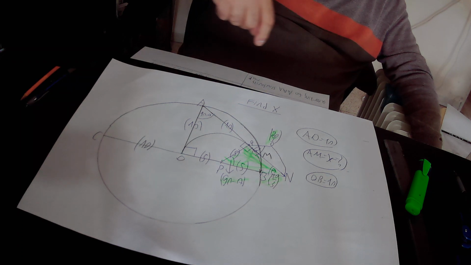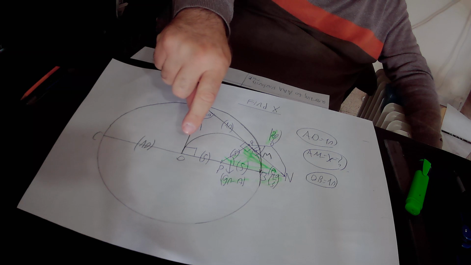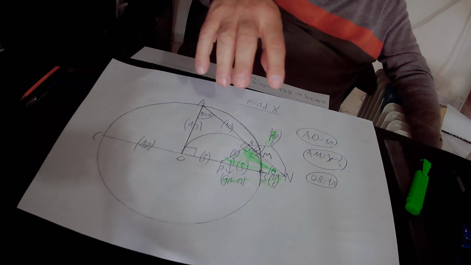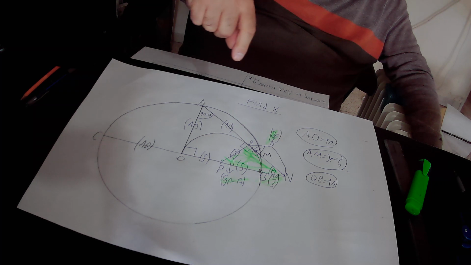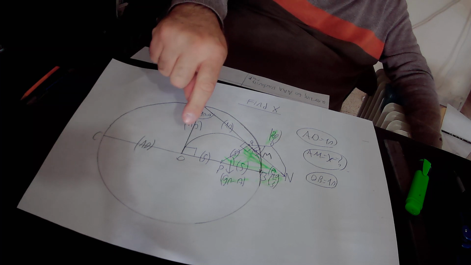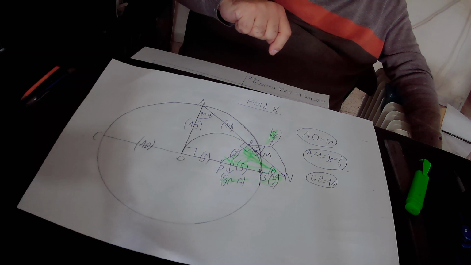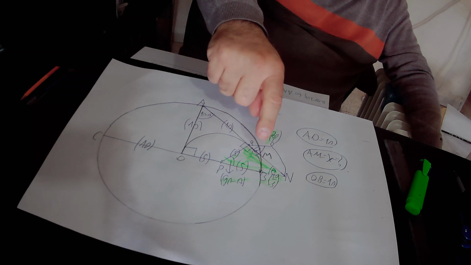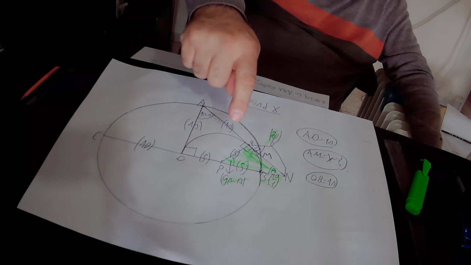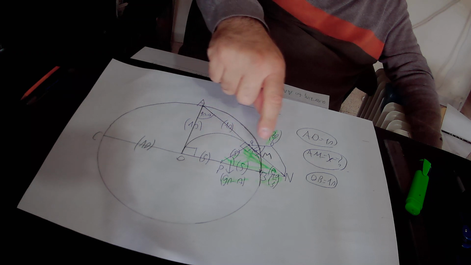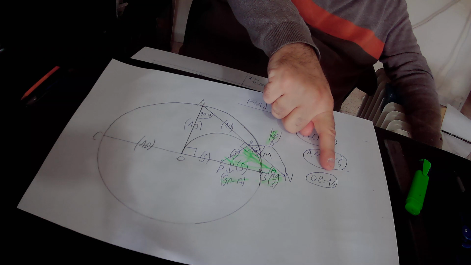And also AO and OB are both radii of this quarter circle, therefore they are equal to each other. But it is given in the question that AO equals 10 units in its length. Therefore, OB, it is also the radius of this quarter circle, must also equal 10 units in its length.